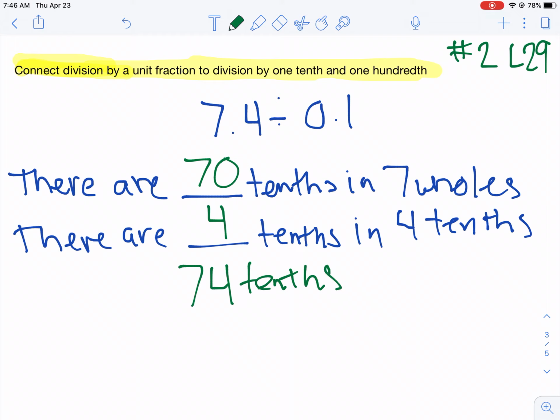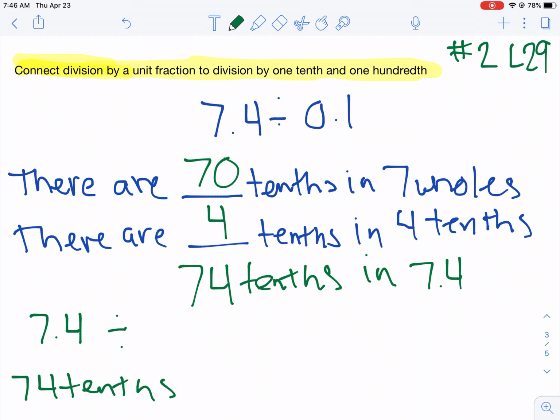Right? There's 74 tenths in the number 7 4/10. So this 7 4/10 is the same as 74 tenths.